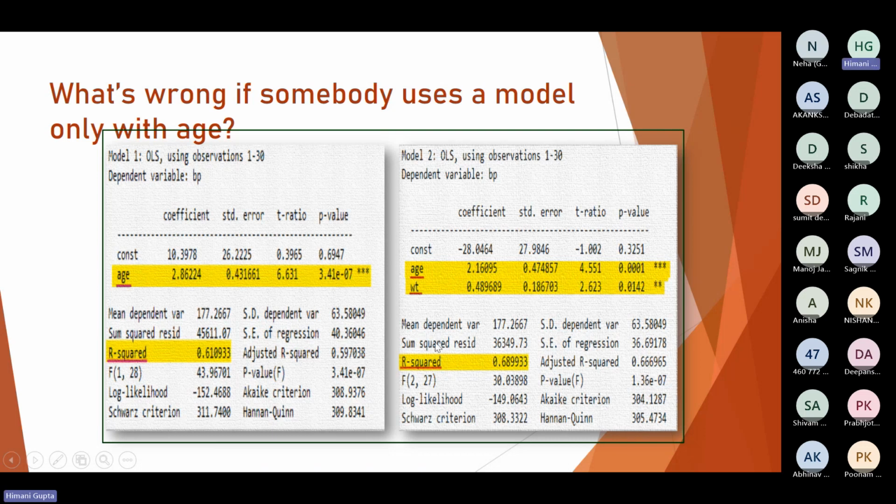So I have to take this model. I should not take the other model, because over here on average 69% of the reason why the blood pressure increases or decreases is explained by your age and weight. But if I was taking only one factor, age, it was explaining only 61%. So this is the better model than that one.